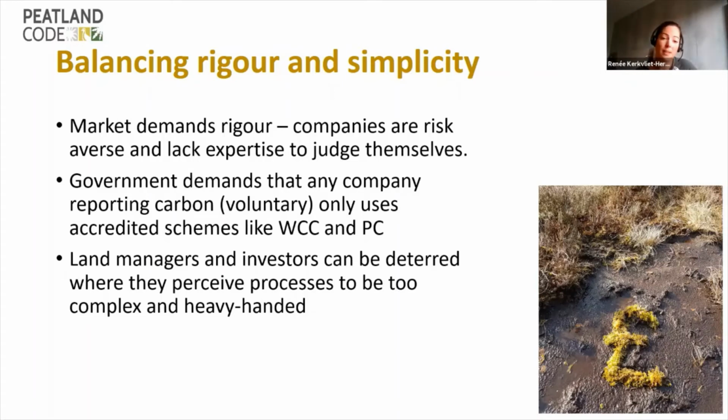Also, the government demands that any company reporting carbon voluntarily only uses accredited schemes like the Woodland Carbon Code and Peatland Code. And then on the other side, when a code becomes too difficult, it can also be a barrier to landowners, but also to investors to actually use it. So yeah, we're always trying to make that work for both parties, obviously.